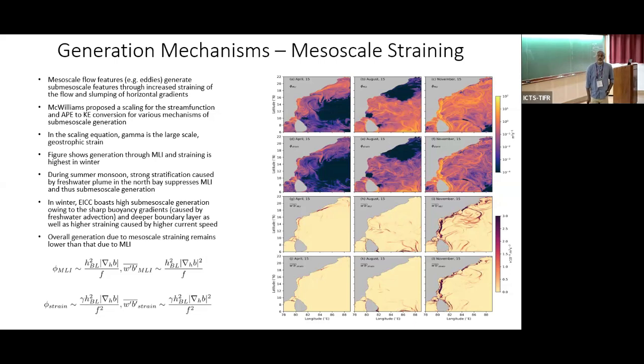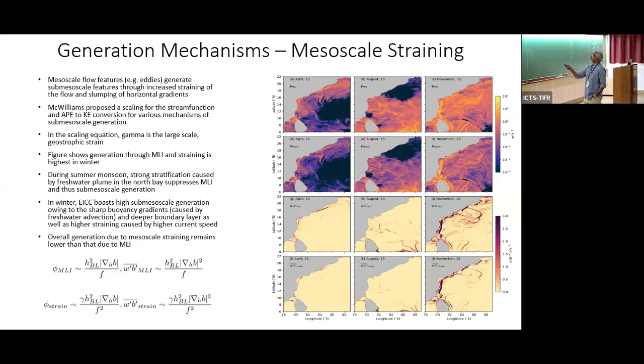Mesoscale flow features such as eddies can also generate submesoscale owing to the increased straining of the flow and slumping of horizontal gradients, and this was proposed by McWilliams. McWilliams also proposed two scalings, one due to the mixed layer instabilities and the other owing to the mesoscale straining, and also proposed the vertical flux of buoyancy owing to these two quantities.